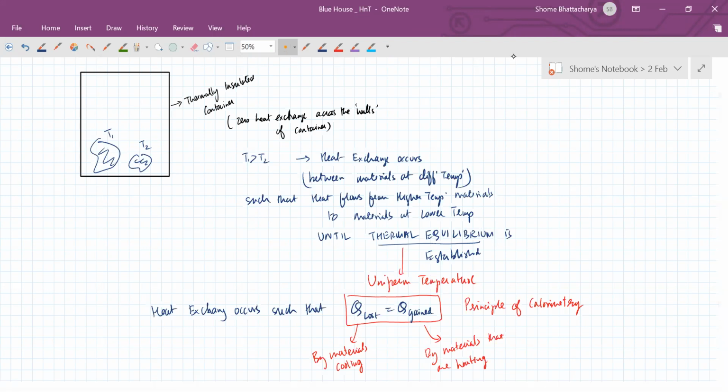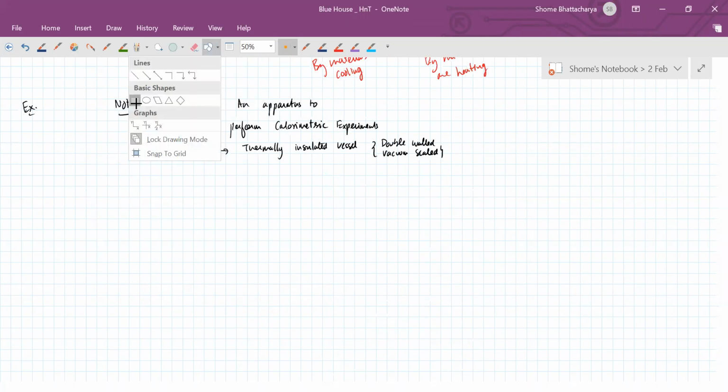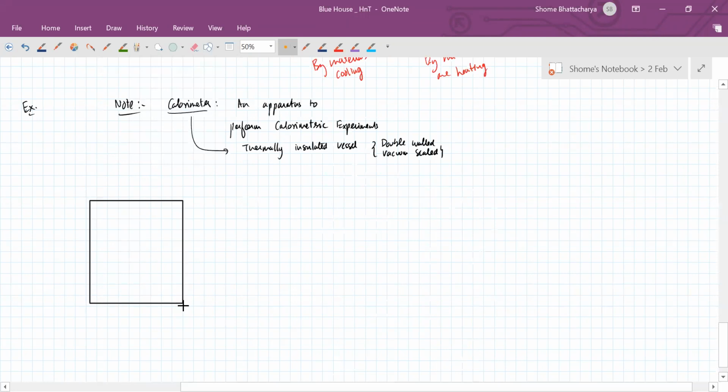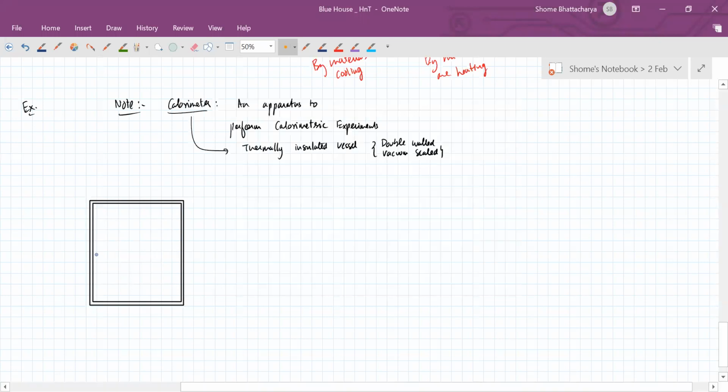Okay, so let's look at that particular question. What we've done is inside a calorimeter, which is that vacuum sealed double walled kind of vessel, so there's no heat exchange, we have a certain amount of water.